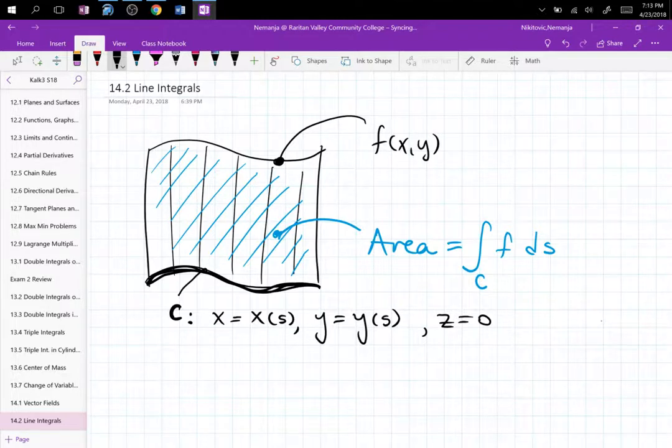So to find this C, you have to shine the light on top of the curtain, and it's going to create a single line on the xy plane. You will need parameterization for that in order to calculate the integral.